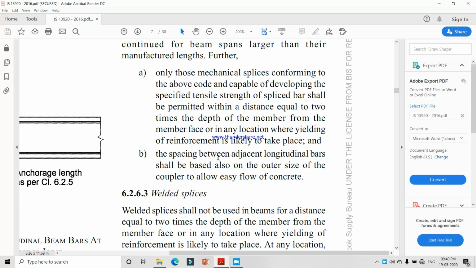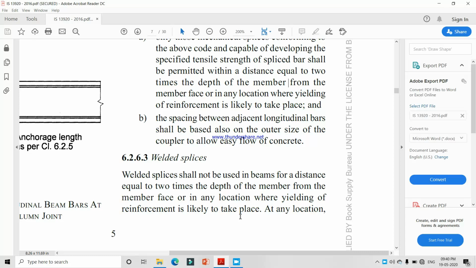And the spacing between longitudinal bars shall also be based on the outer size of the coupler to allow easy flow of concrete.